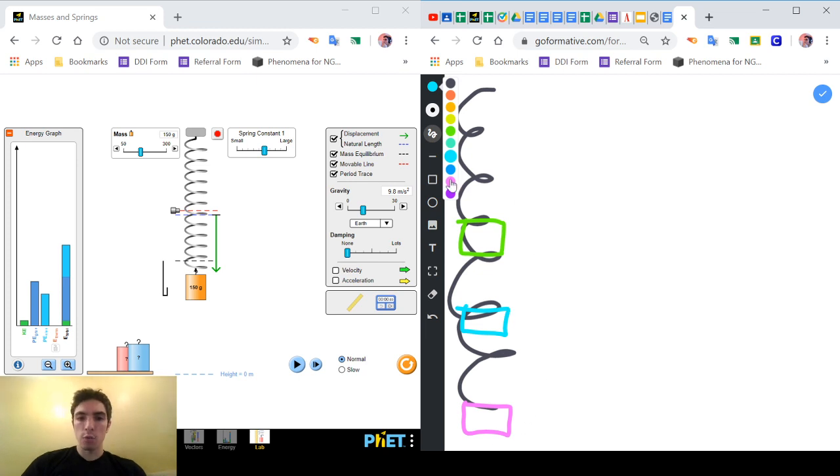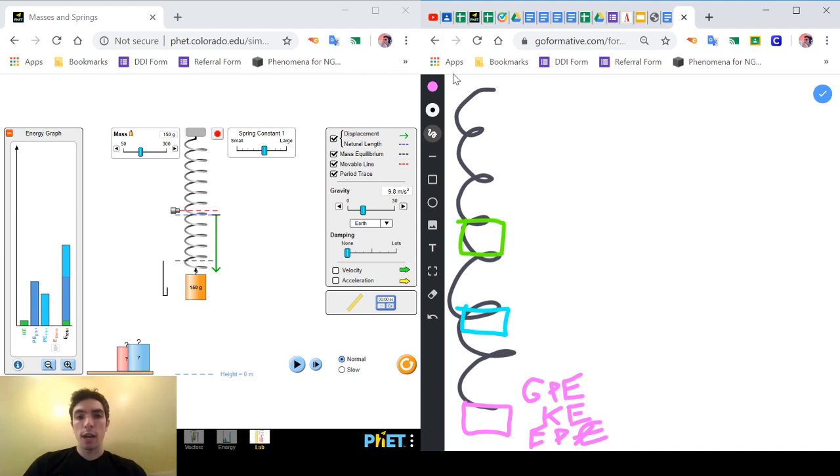And at each of those 3 points, we could calculate 3 different types of energy. And we've done this partially before with our roller coasters. We could calculate a gravitational potential energy, we could calculate a kinetic energy, and we could calculate now an elastic potential energy.